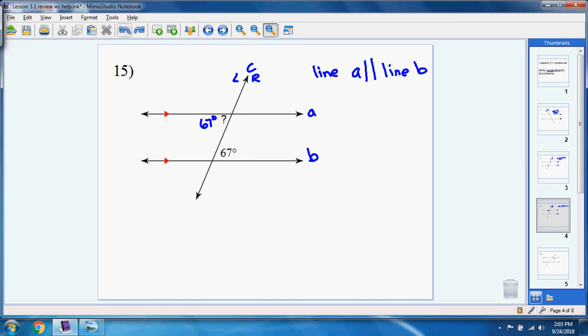So do you know what the term is? These are alternate interior angles. And alternate interior angles are congruent. They're both 67 degrees.